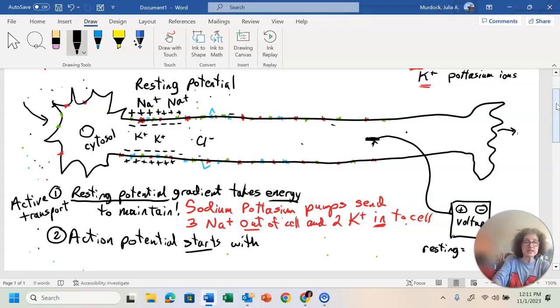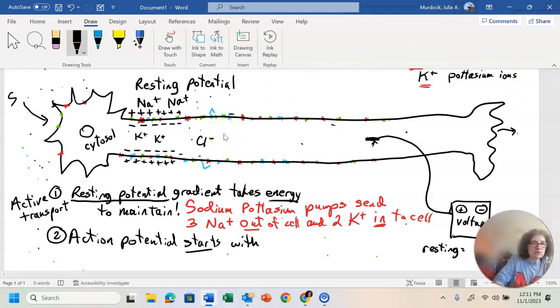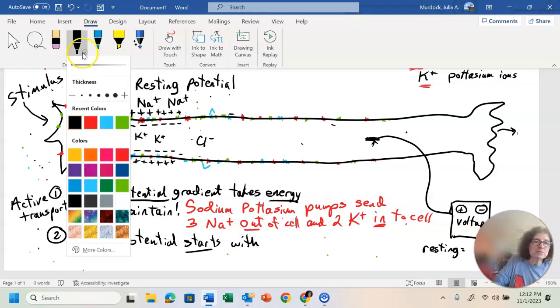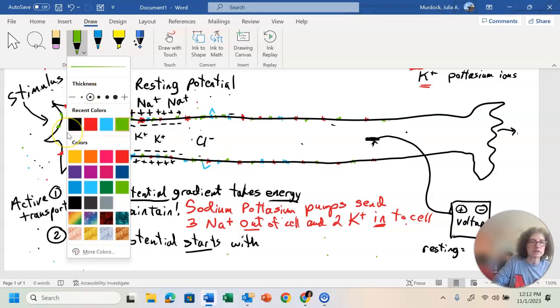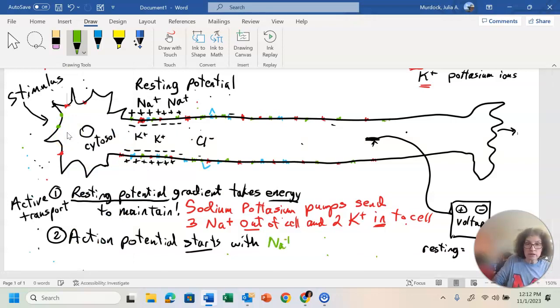Okay, so now the second step is, and this is where it gets difficult for me to draw, let's say that there is a stimulus over here that hits this side of the cell where the dendrites are. The stimulus hits it hard enough to cause these green proteins, which are a different type of protein, these green things, okay, those are sodium gated channels.